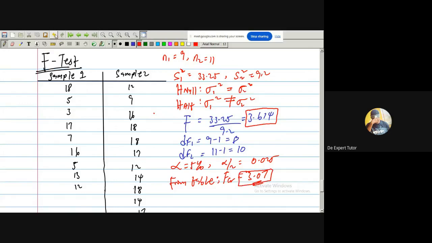What do we do? We reject the null. Exactly, reject the null. Why? Because this value is greater than this one, so it enters the rejection region. So that's how we find the F table, numerator, denominator. So that's that for that.